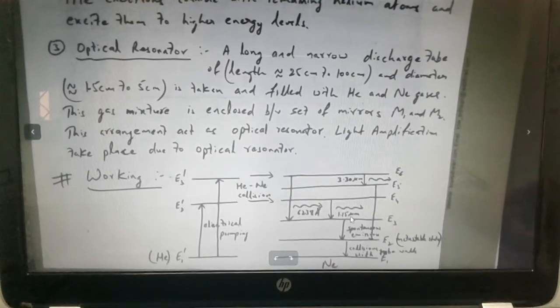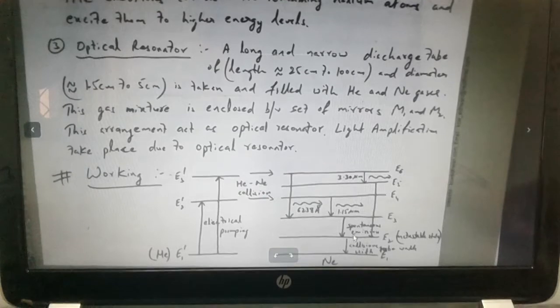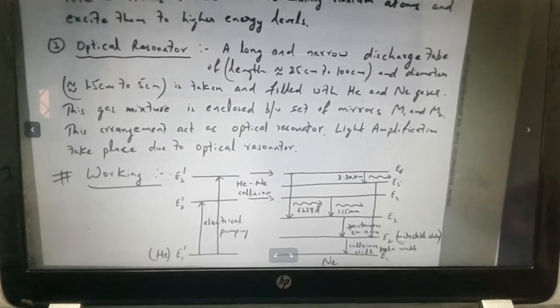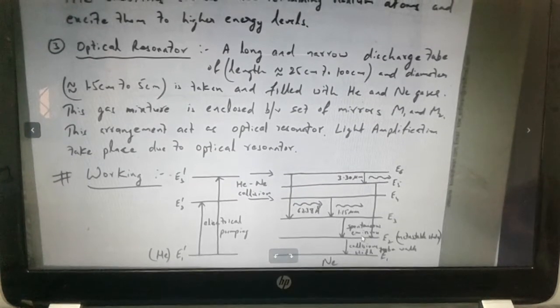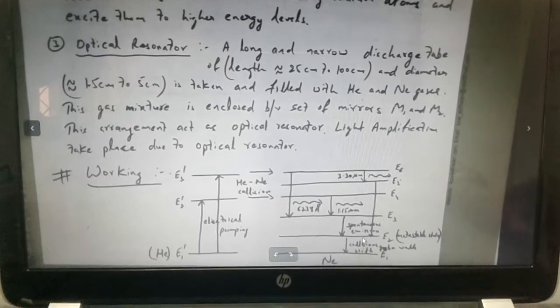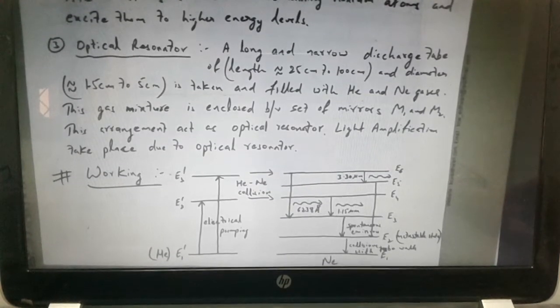Now when the neon atoms reach E3, they make a transition to the E2 level by spontaneous emission, and the E2 level is a metastable state. So to depopulate the E2 level and to start the whole procedure again, we make the walls or the tube diameter thin.